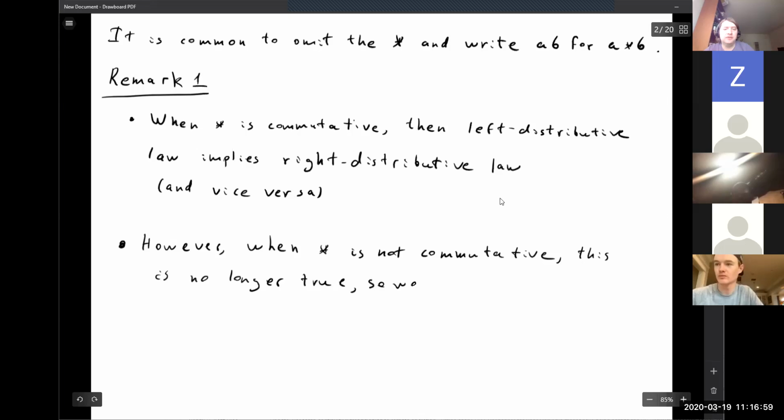So we have to require both distributive laws in the definition of a ring.